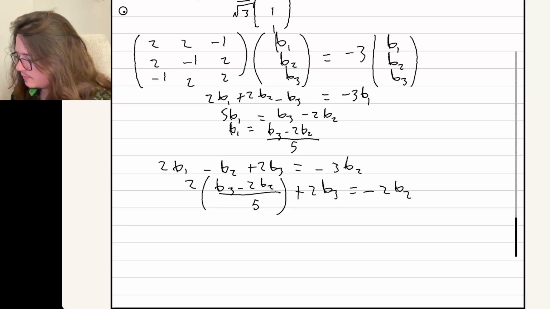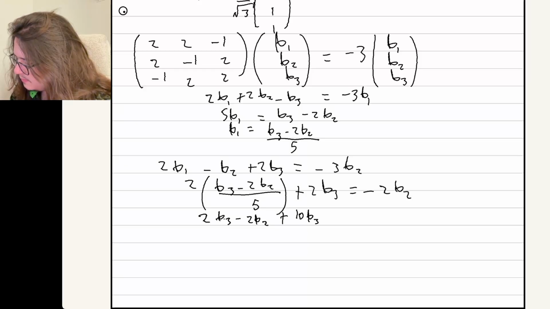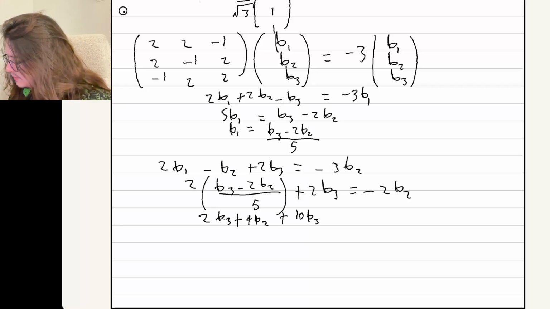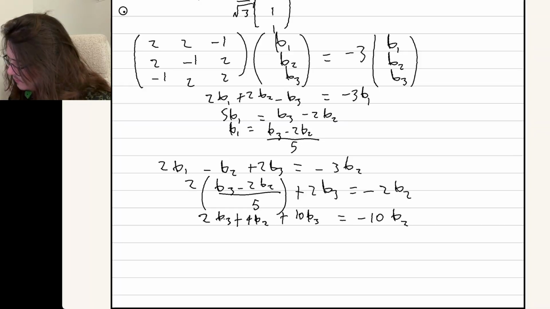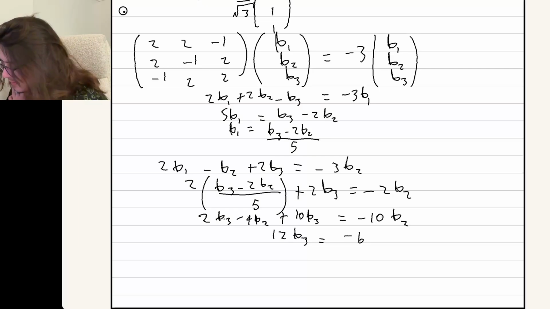Let's multiply the entire thing by 5, so we get 2 times b3 minus 2b2 plus 10b3. That's actually going to end up being plus 4b2 plus 10b3 equals minus 10b2, and then simplify a little bit to get 12b3 equals minus 6b2. I keep making mistakes with signs, but you get minus 6b2 if you do it all correctly on the right-hand side.